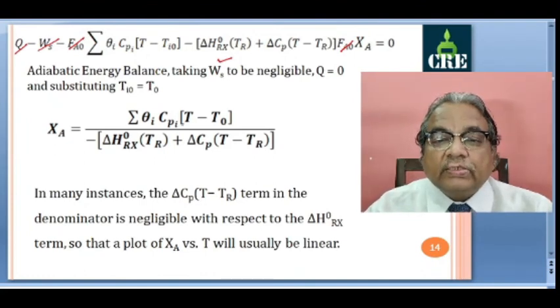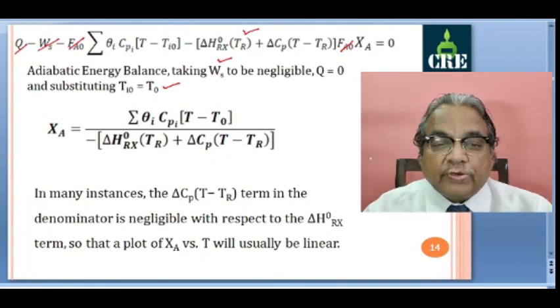So sigma theta I CPI T minus T0. So Ti0 is equal to T0, that we know. And this term transferred in the denominator. So minus sign delta HRX0 at reference temperature plus delta Cp T minus Tr. So that this complete bracket is transferred on other side in the denominator.